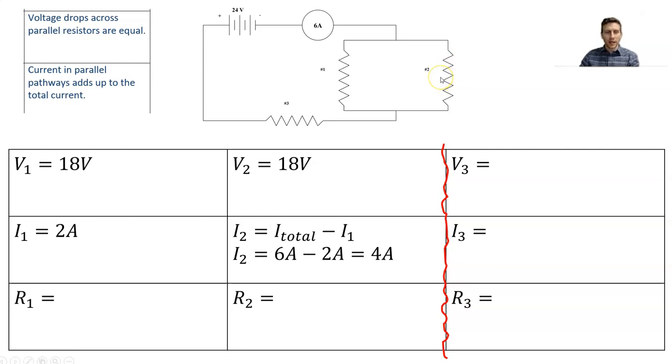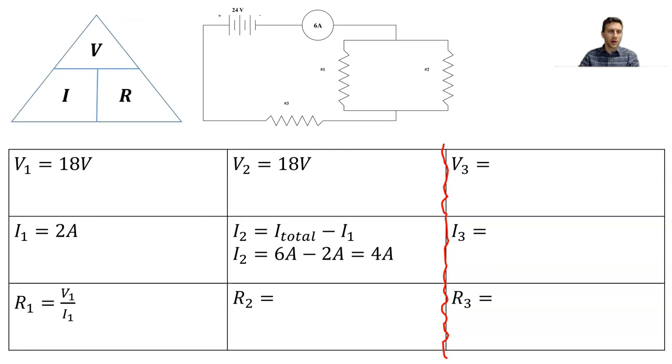Okay, let's figure out resistance. So we'll get to this over here in a bit, but let's first do resistance. How do we find resistance? Same as normal. The only way to find resistance is with Ohm's law, right? R is equal to V over I. Okay, R1 equals V1 over I1, and we have those numbers: 18 volts over 2 amps.